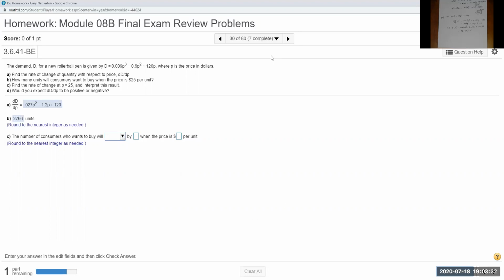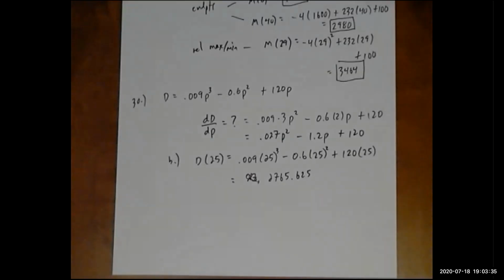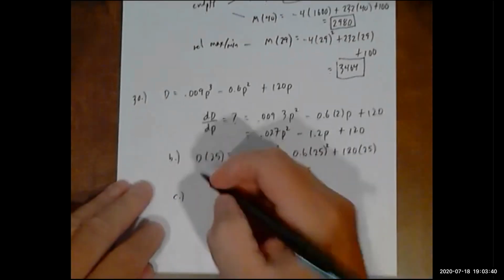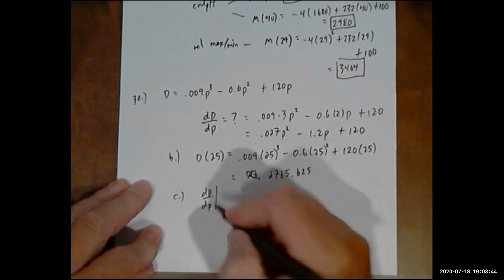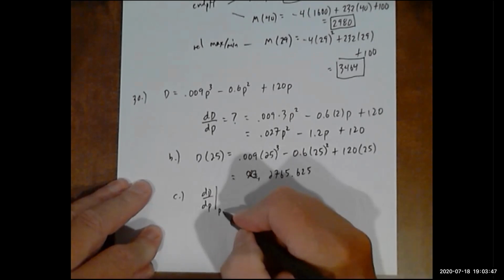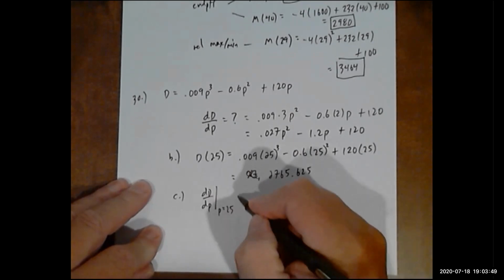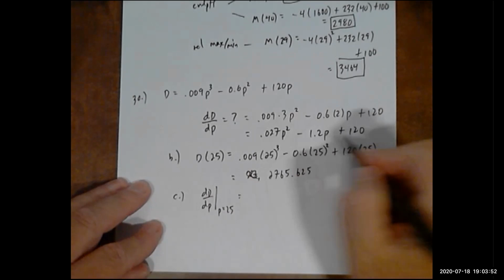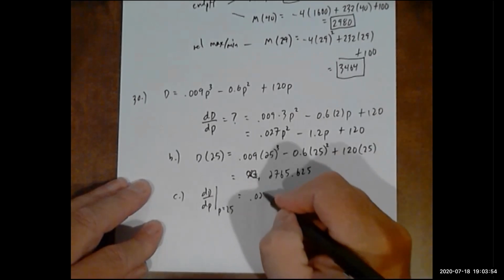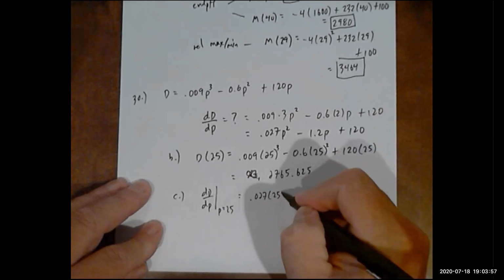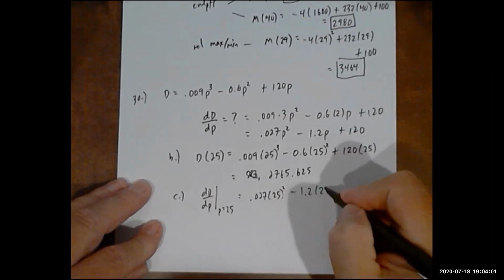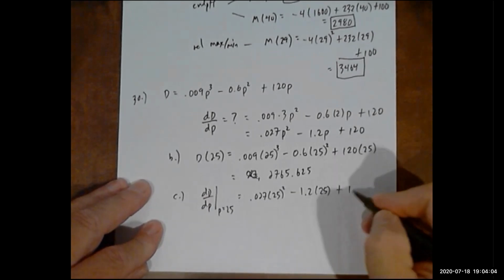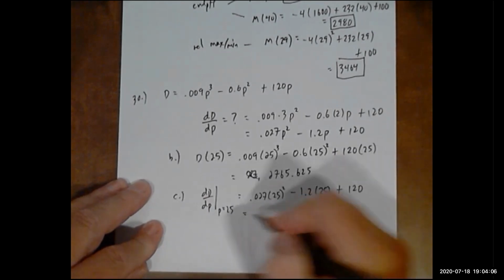So let's do this. Sometimes people write derivatives this way, and they say I'm going to find the derivative when P is 25. So here's my derivative: 0.027 times 25 squared minus 1.2 times 25 plus 120.